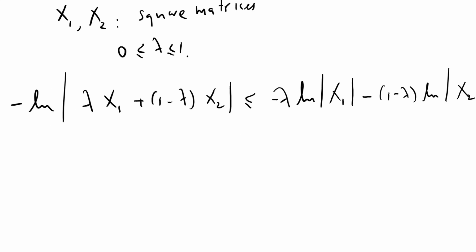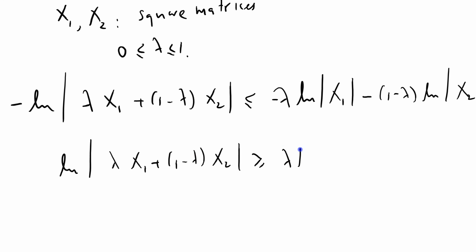Okay, so of course, because it's negative, I can turn the inequality around, and I can say that the log of det of lambda x1 plus 1 minus lambda x2 is greater than or equal to lambda log det x1 plus 1 minus lambda log det x2.